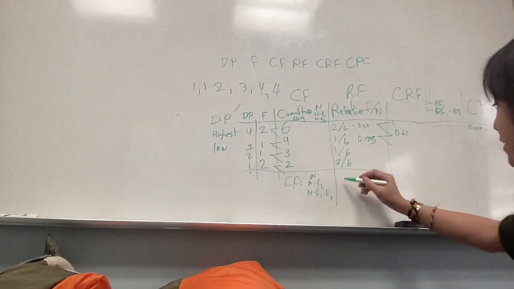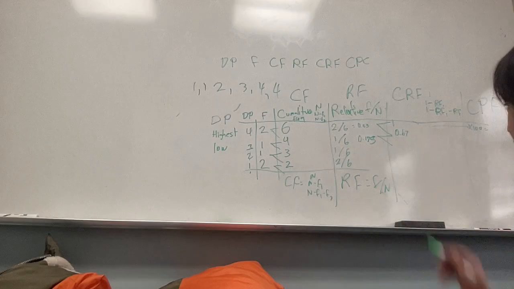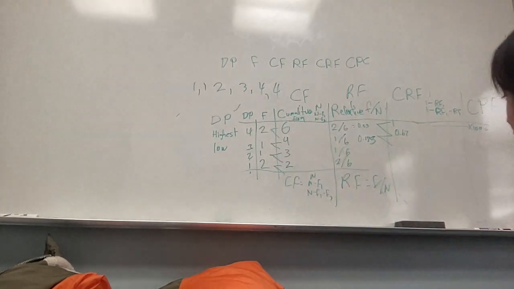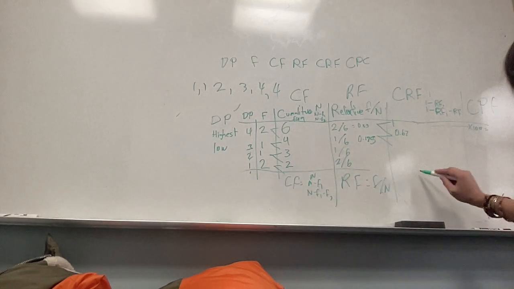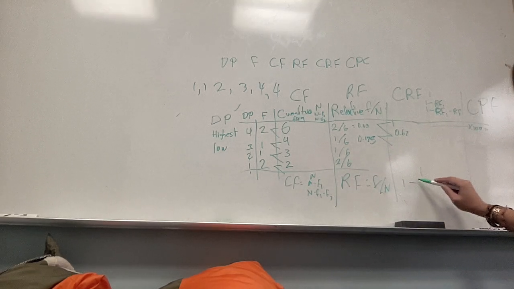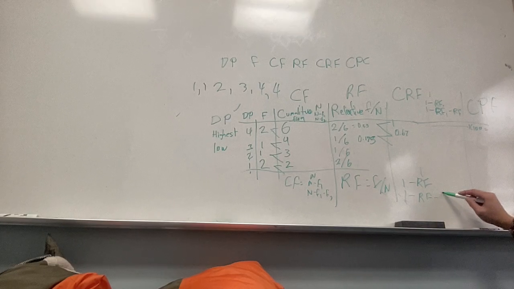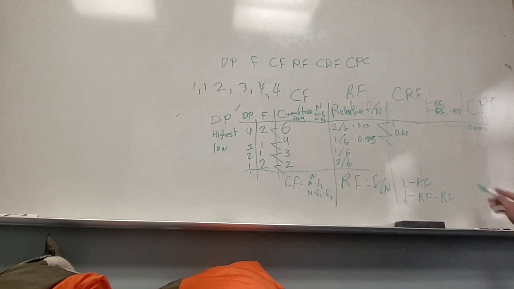And then relative frequency is going to be the frequency divided by the total number. And then cumulative relative frequency is just 1 and 1 minus RF, 1 minus RF minus RF, and it keeps going down. And then you just multiply it by 100.